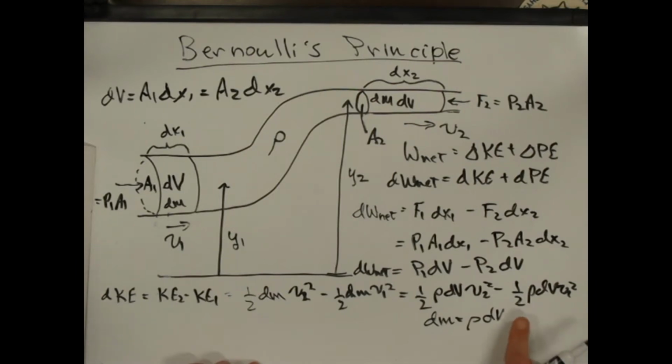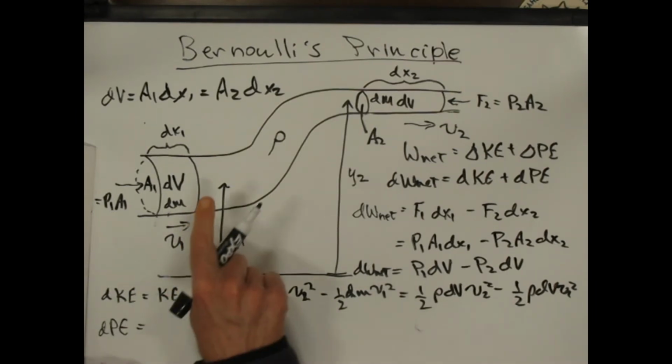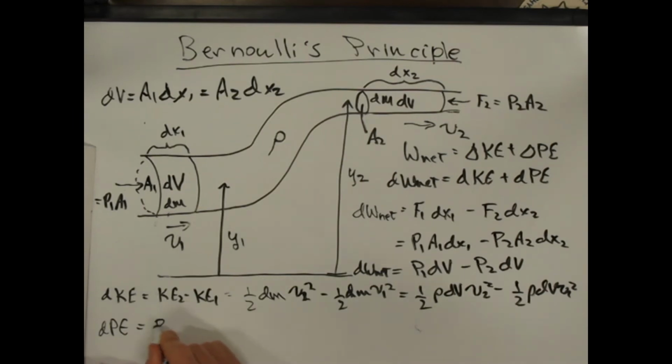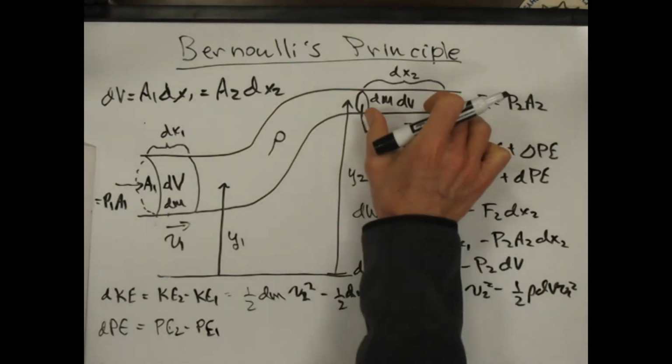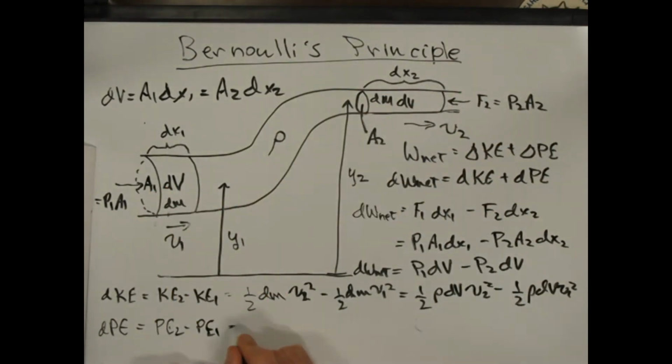Right. I can do the same thing with the potential energy. dPE is equal to PE2 minus PE1. It's the potential energy gained from this piece minus that lost from here, and so it's equal to dm times g times y2 minus dm times g times y1, right?